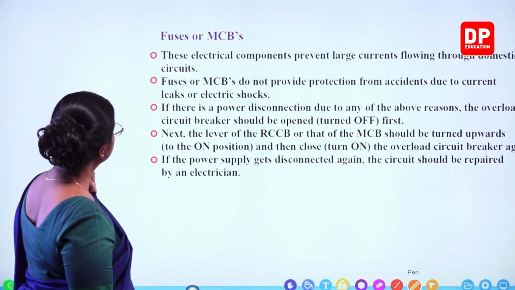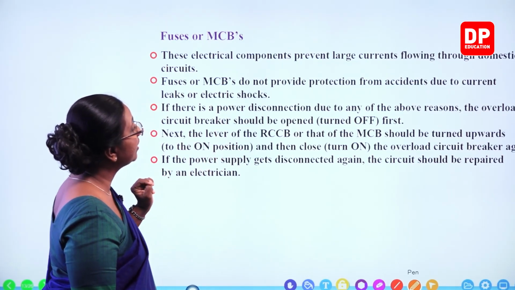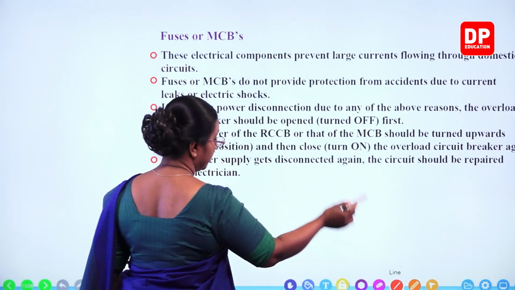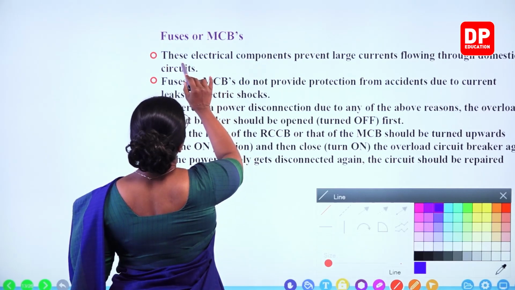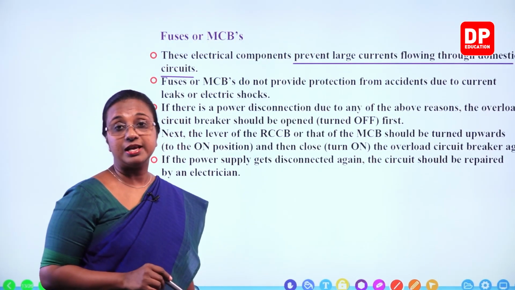Fuses or MCBs. These electrical components prevent large currents flowing through domestic circuits. That's again something you need to remember. Fuses or MCBs do not provide protection from accidents due to current leaks or electric shocks.